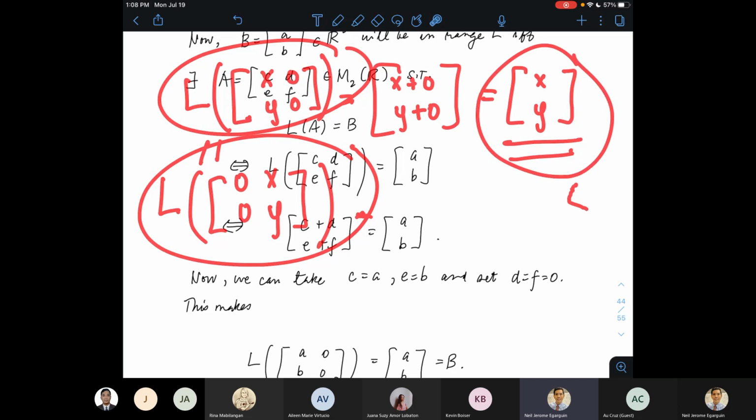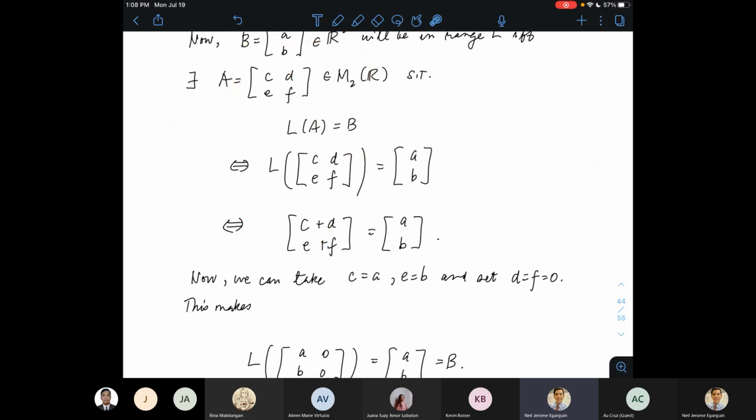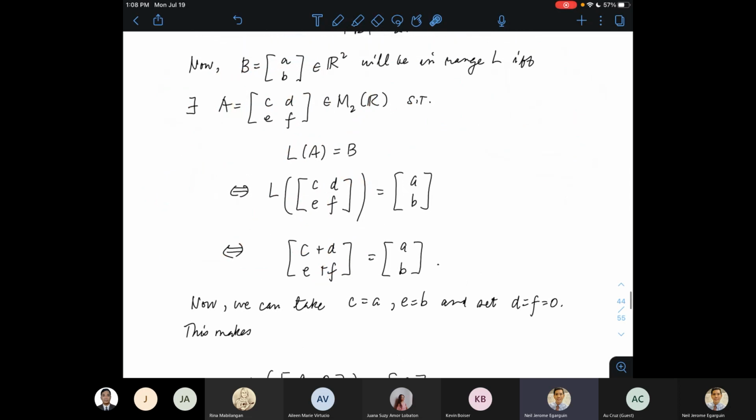It doesn't matter, that's just an incidental finding here. L is not monic, but L is epic, right? Kasi lahat ng element ng codomain, R squared, ay isang image by an element of the domain. So the range of L is equal to R squared, the codomain. So L is not monic, but it is epic. Yes, Miss Au, you have a question?